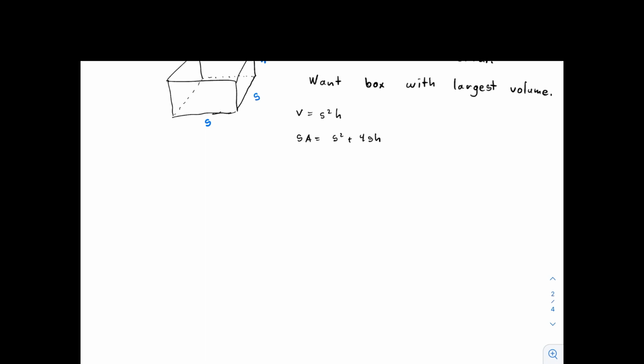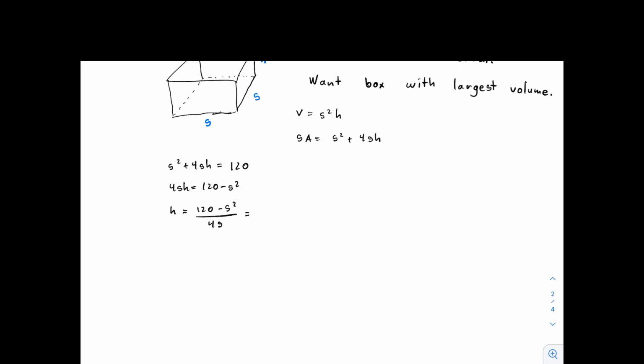Well, from here, if we say s squared plus 4sh is equal to 120, then we can write 4sh equals 120 minus s squared, and h is (120 minus s squared) over 4s.